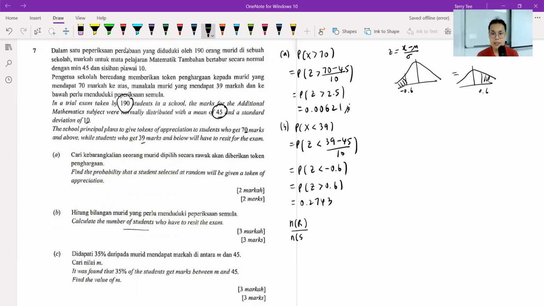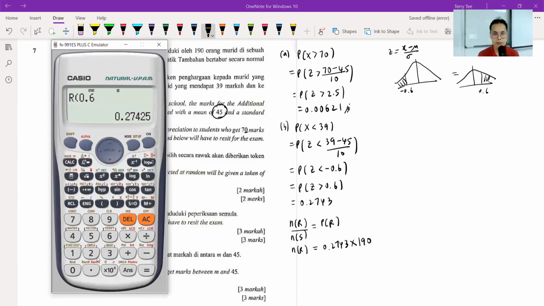NS means the total size of your sample space, must equal your probability of a student who retakes. Number of students who retake is therefore probability 0.2743 multiply NS. NS, your total, is 190. Now let's count. 0.2743 multiply 190.